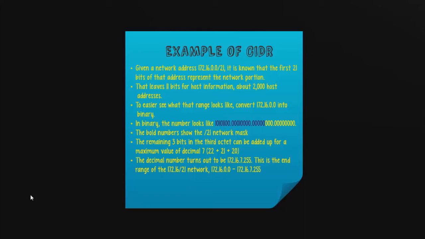With all the bits turned on, all 1s, the decimal number turns out to be 172.16.7.255. This is the end of the range of the 172.16.0.0/21 network.